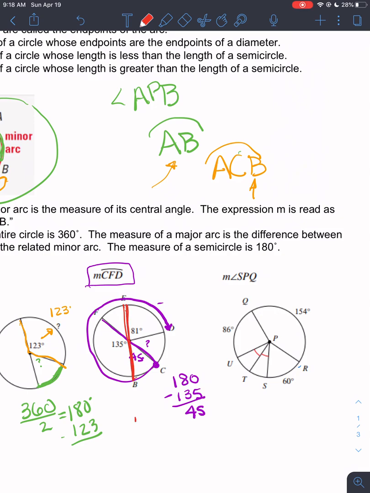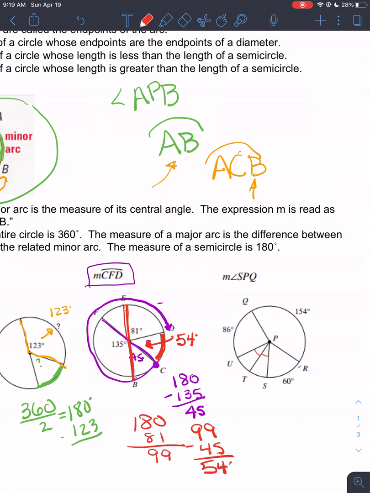So if I take 180 and I subtract 81, looks like we're at 99. Now I'm going to take 99 and I'm going to subtract 45. Looks like that's going to give us 54. So I now know that this central angle is 54 degrees, and also that means this arc is 54 degrees.